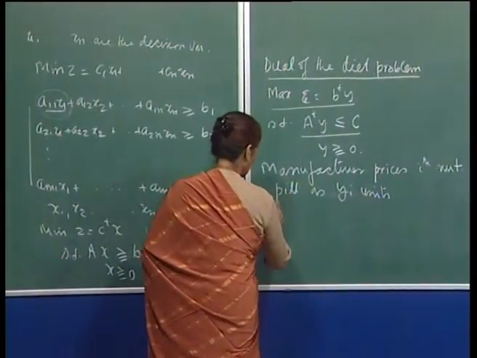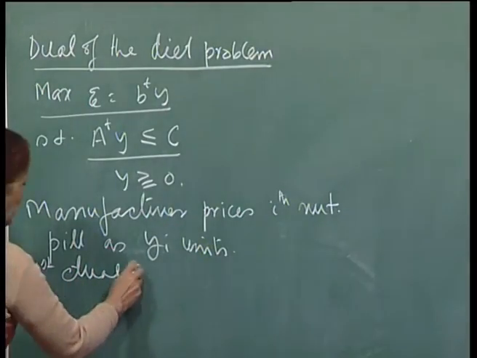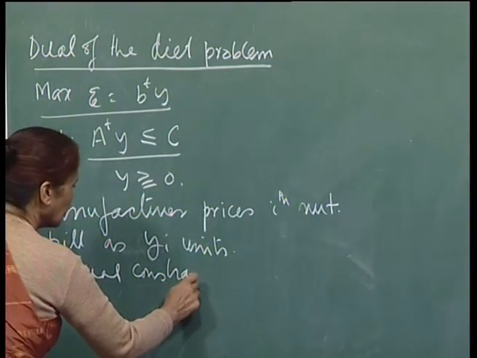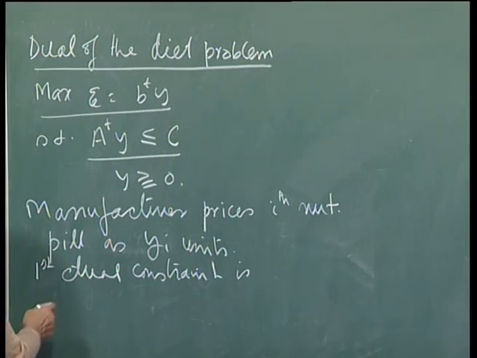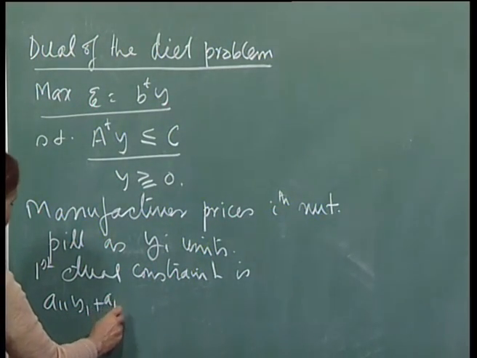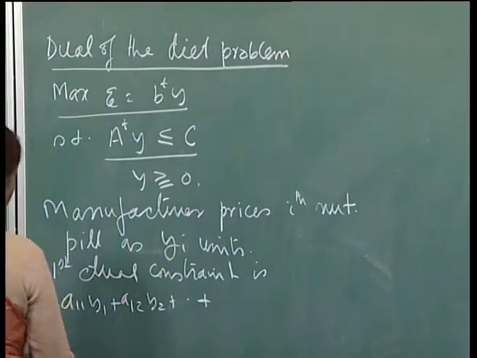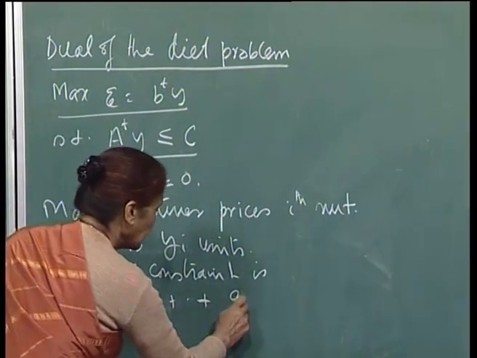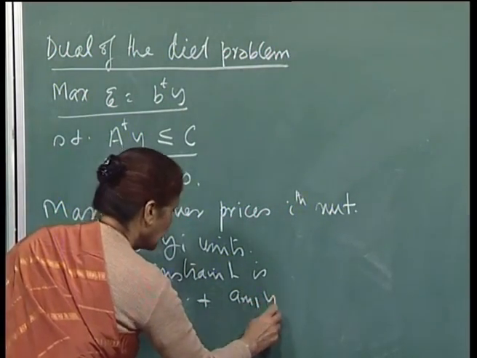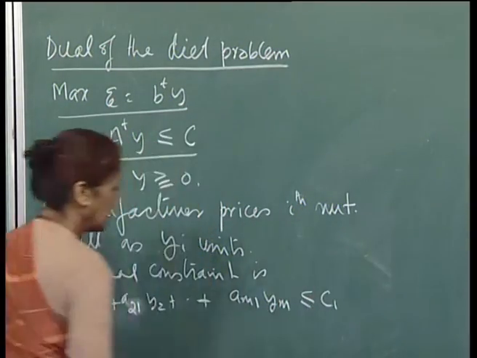The first dual constraint, and let us interpret it, is A11 y1 plus A21 y2, and so on, up to AM1 ym, less than or equal to C1.